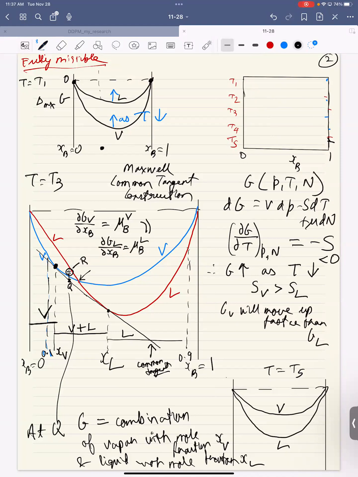So again, at very high temperature, it is all vapor. At very low temperature, it is all liquid. And as per this free energy, at intermediate temperature it is vapor on the left side, right? I have to follow my free energy always. Free energy tells me that at very low concentration it is vapor, and then it is vapor plus liquid, and then it is liquid.